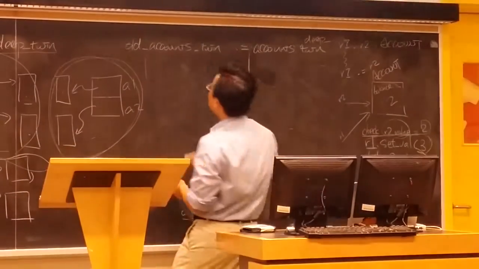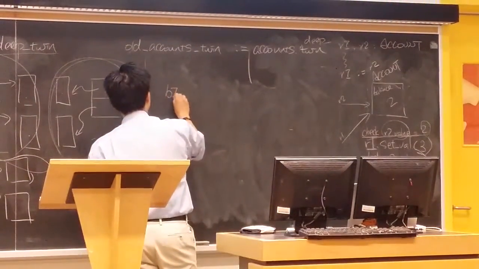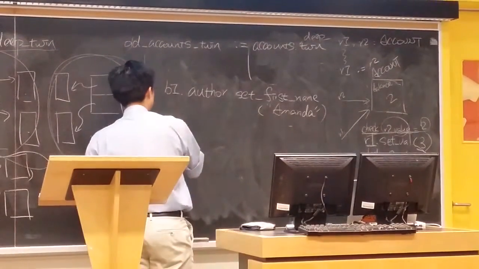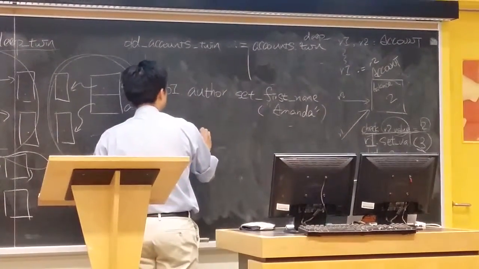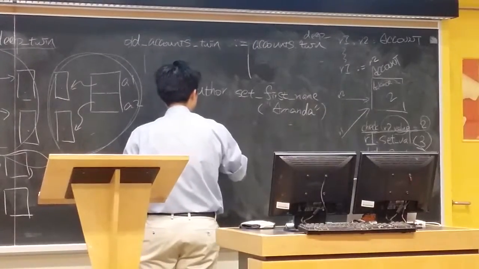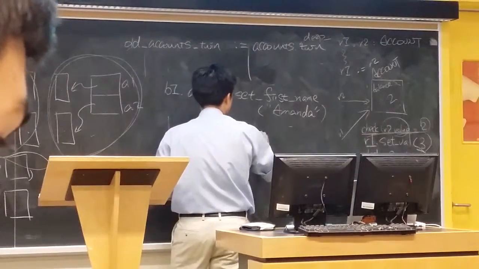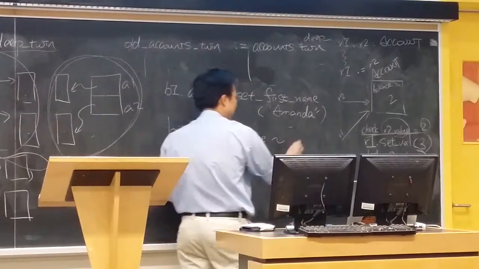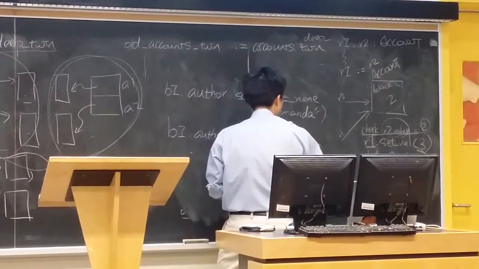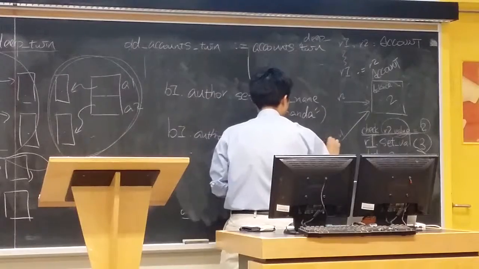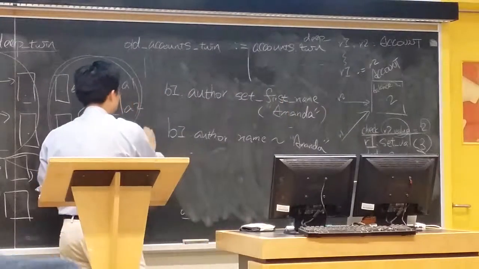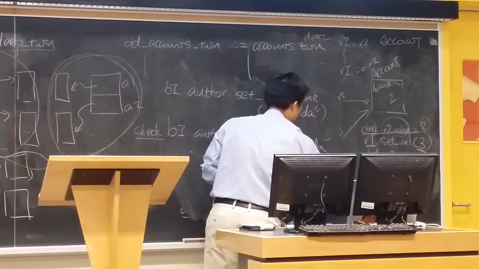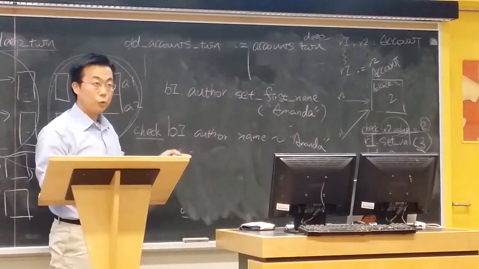Again, this is aliasing. So let's say we have book 1, which is on the left. After this line here, if you say b1.author.name has object equal to the tilde expression here, and you say check, this will be true, right?